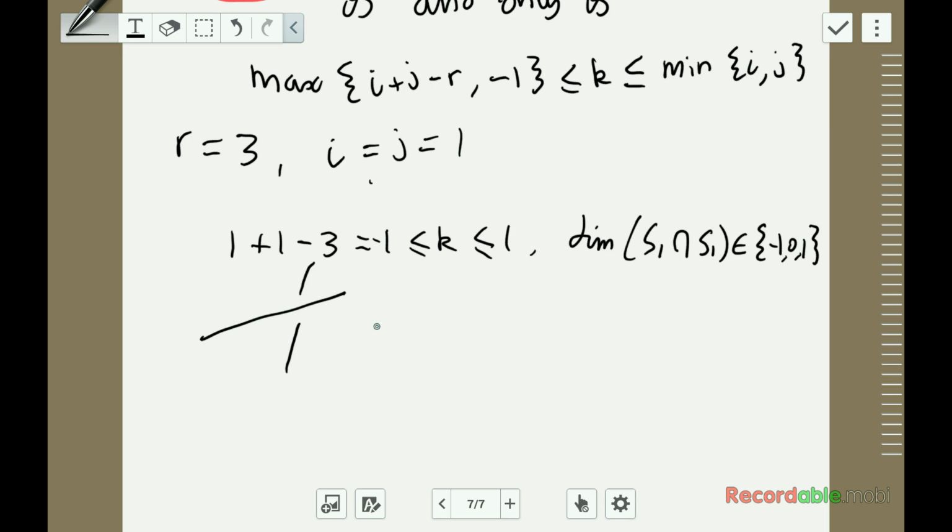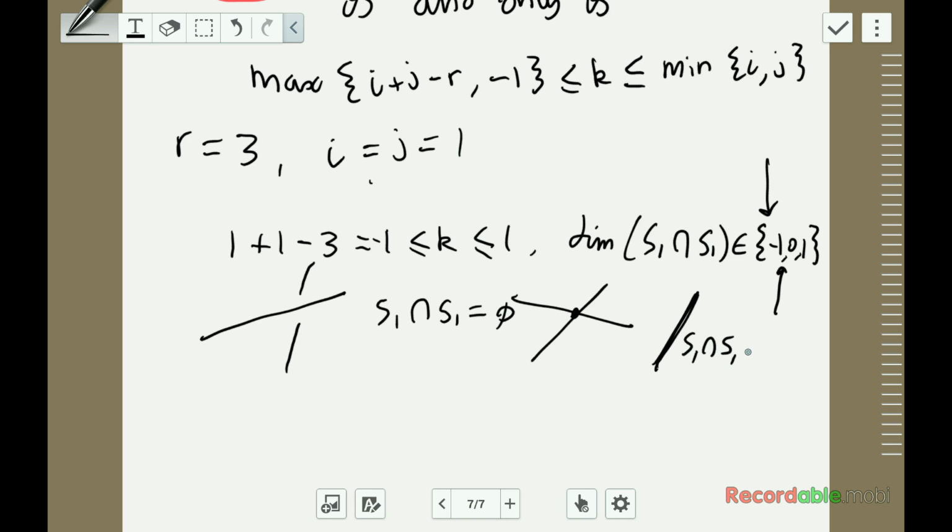Then, in that case, their intersection is empty, which leads to a dimension of -1. It could be the case that these two lines intersect at a point, which is a zero-dimensional subspace, or it could be the case that these two lines are actually in identical positions, in which case S1 intersection S1 is actually a one-dimensional space.